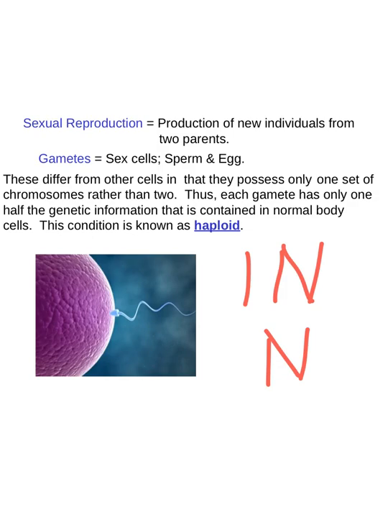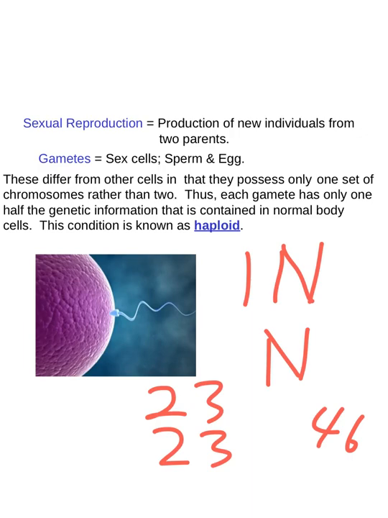In humans, the normal complement of chromosomes in a sperm cell would be 23, and of course the egg would also be carrying 23. So if we have a fertilized egg, you'll have 23 plus 23 is 46.